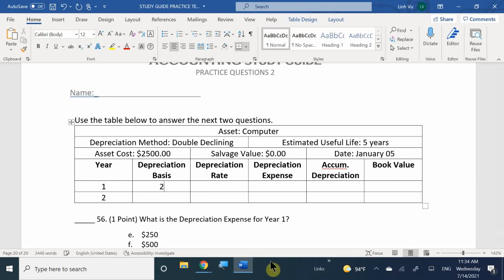It's going to be whatever your asset cost is, since it's the first year and that's how much you purchased it for. Okay. So then what's my depreciation rate going to be?